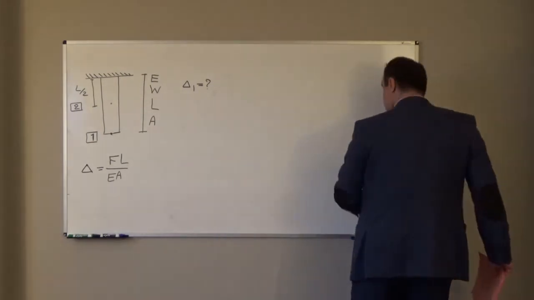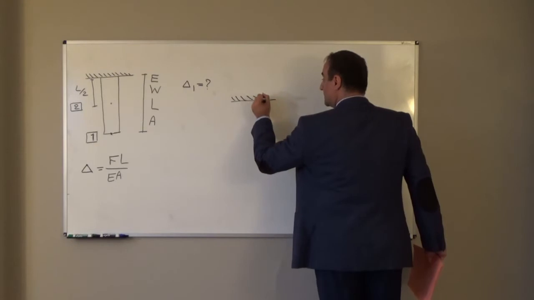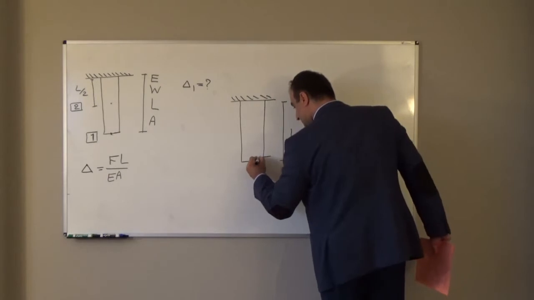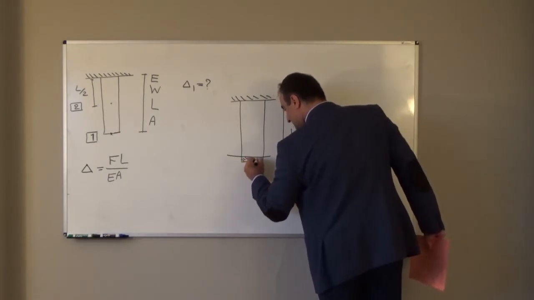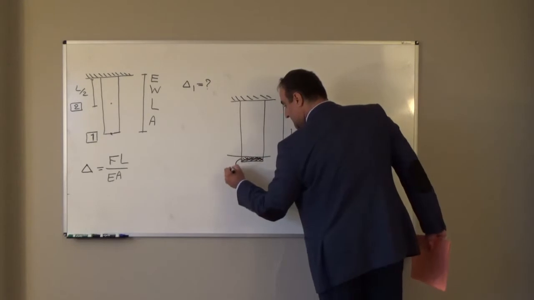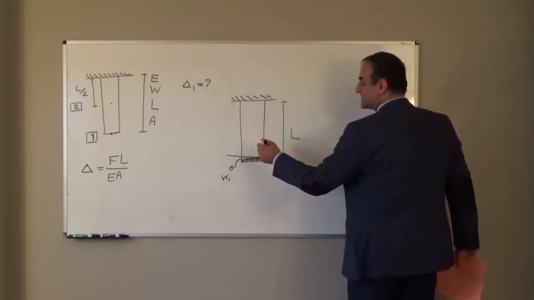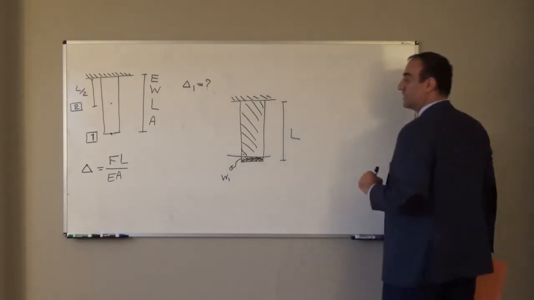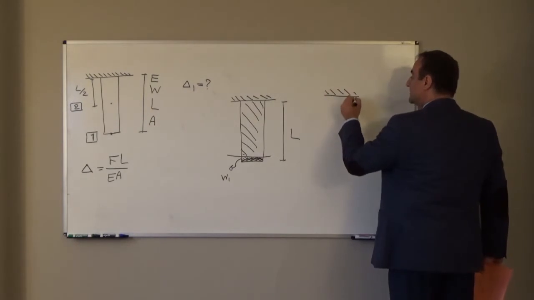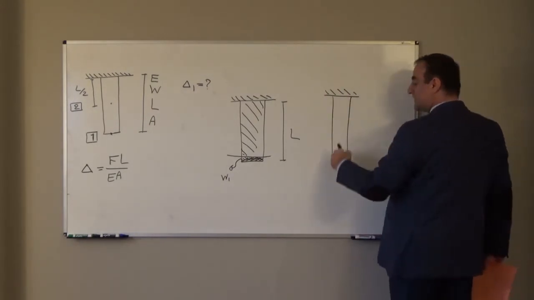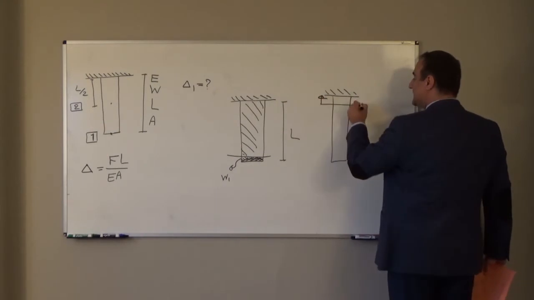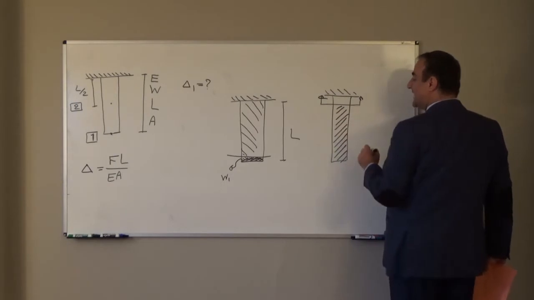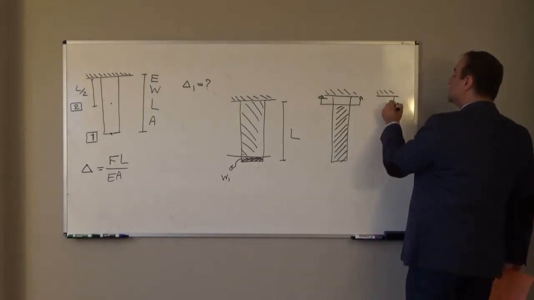So in the beginning, if this is length L and I cut here, the weight of only these parts, which I show with W1, acts as an external load for this part of the bar. But if I cut far from free end, the weight of this part acts like external load here.